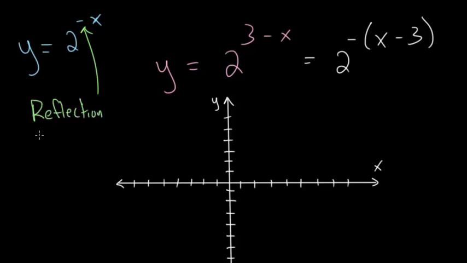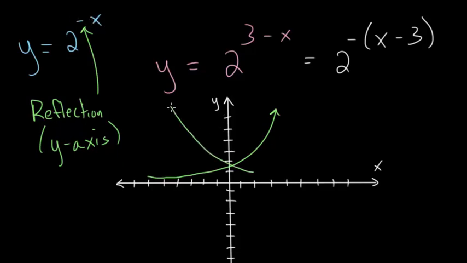Now we're reflecting about the y-axis. So essentially all the x values are now opposite. Let's say this was our function, and when we put a negative in there, all that does is just flip it about the y-axis. So that's the basic idea of having a negative inside.